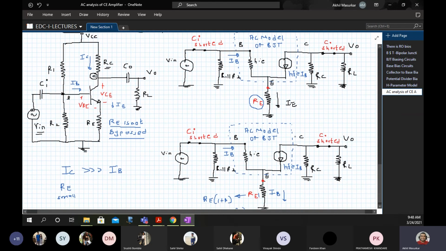So if RE comes, then what will flow here is IE, and IE will be equal to IB plus IC. Now if I ask you a question here, is HIE and RE in series?